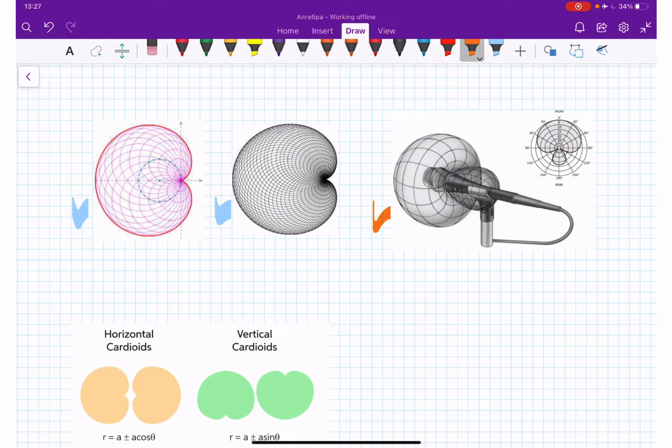This one actually is a super cardioid because there are two of them. See, you have two of them here. This is one, which means super cardioid, and the big one. As on the graph you can see here, the small one and the big one.